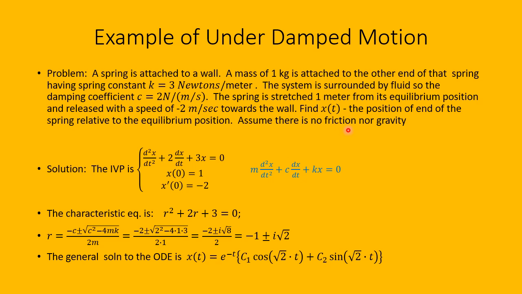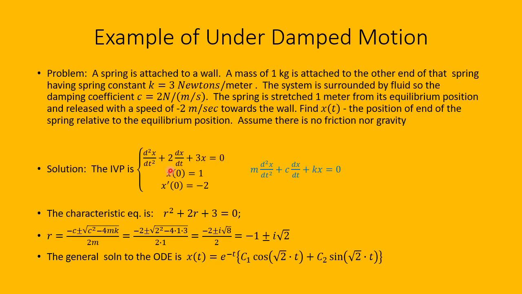Find x of t, the position of the end of the spring relative to the equilibrium position. Assume there is no friction nor gravity. So in our solution, the initial value problem is the differential equation: the mass, which is 1, times the second derivative of x with respect to t, plus the damping coefficient, which is 2, times dx/dt, plus k, which is 3, times x equals 0.